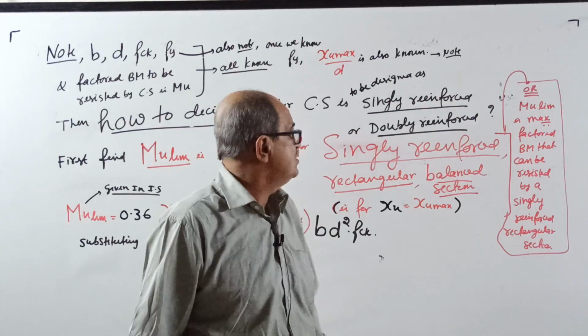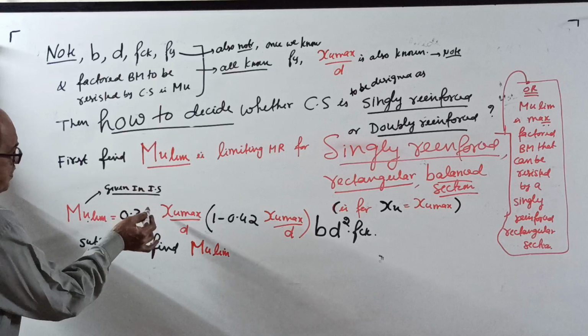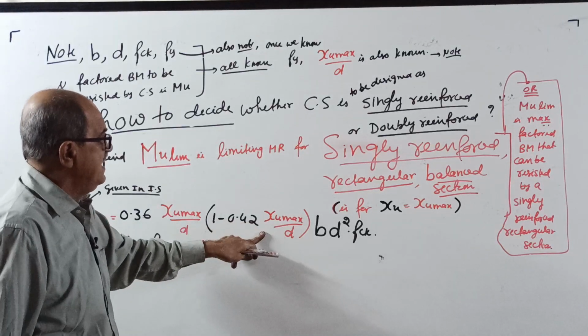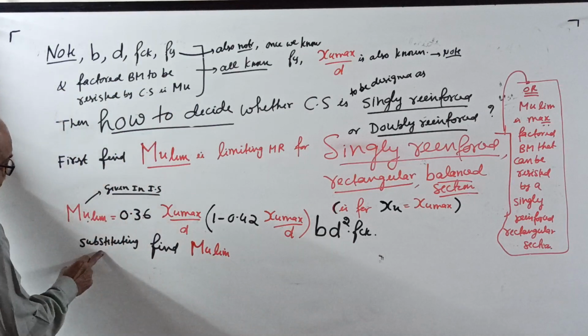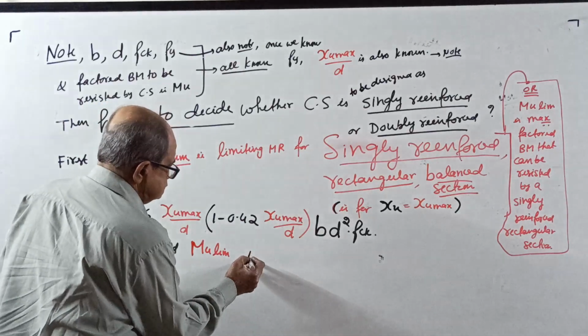Now, Mu limit equals 0.36 into xu max by d into 1 minus 0.42 xu max by d into b d square fck, given in the IS code. Substituting, find Mu limit.